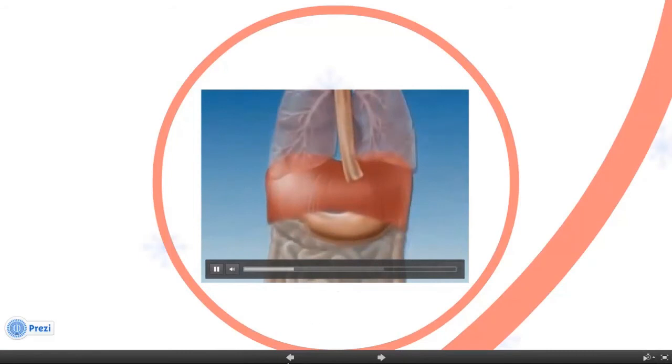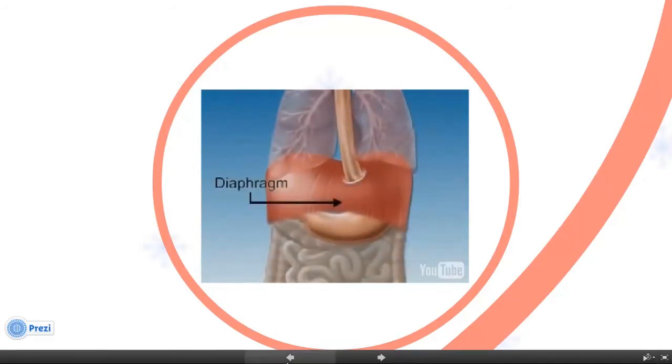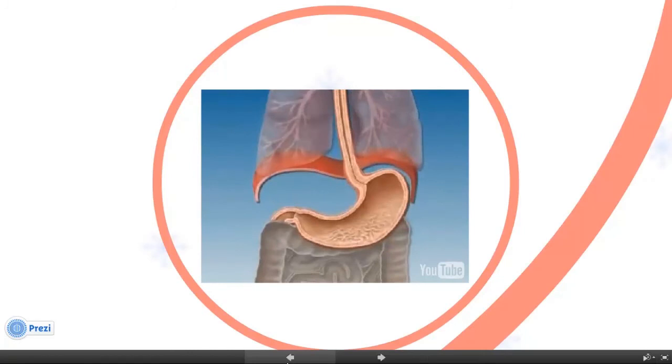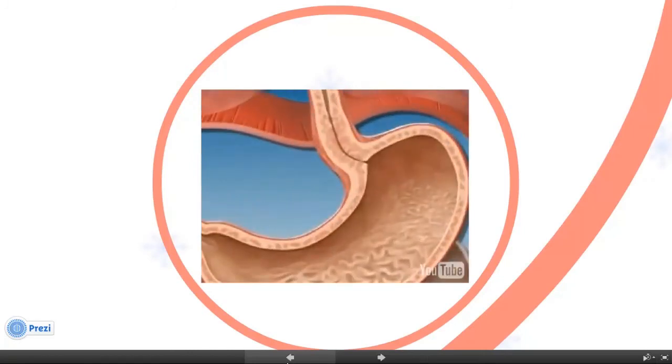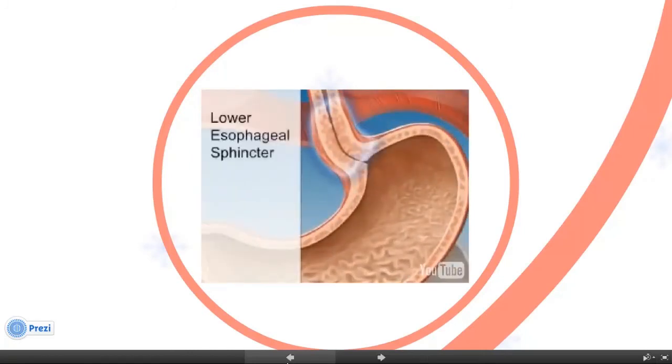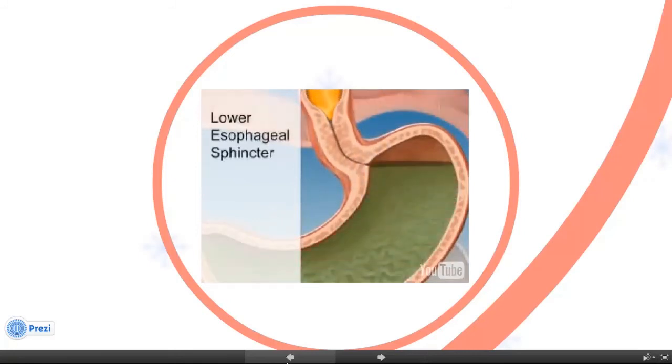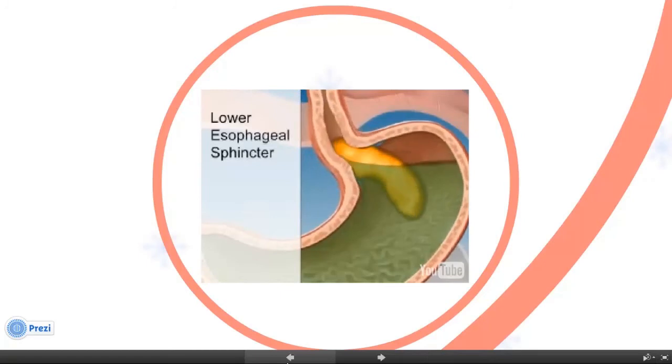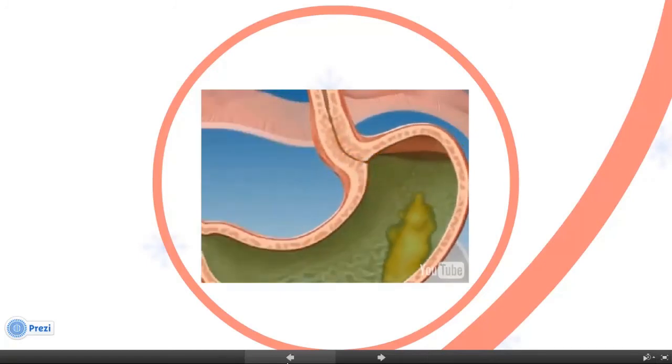Just before the esophagus gets to the stomach, it travels through an opening in your diaphragm called the hiatus. The diaphragm is a broad muscle that separates your stomach from your chest cavity. The esophagus then joins the stomach at the lower esophageal sphincter. This sphincter acts as a doorway between the esophagus and the stomach. After you swallow, it opens to let food into the stomach. Then, the sphincter closes to keep food and stomach juices from going back up into the esophagus.